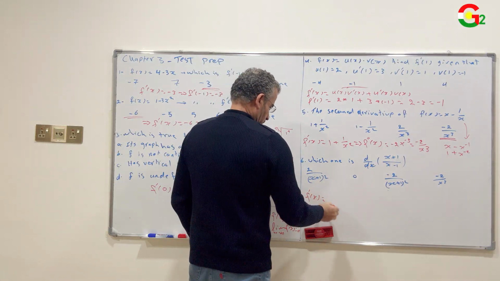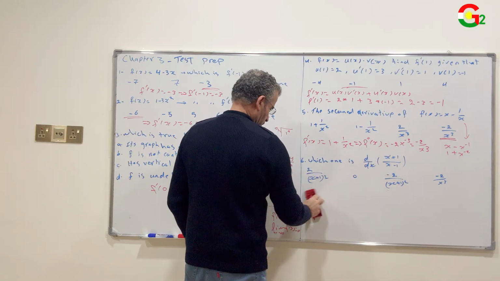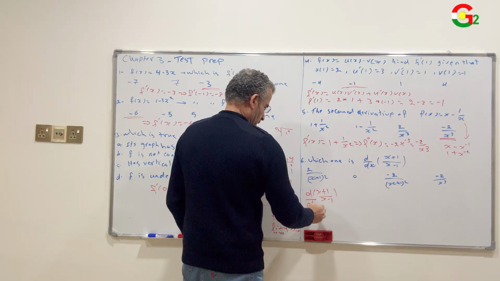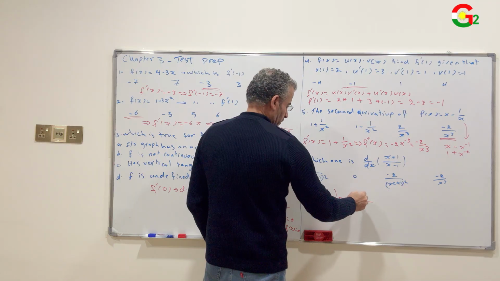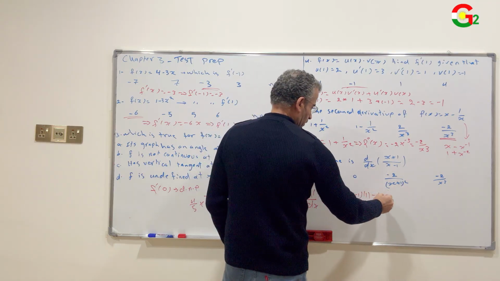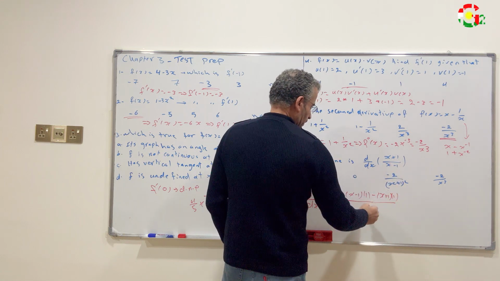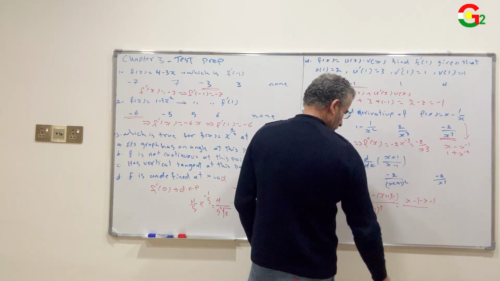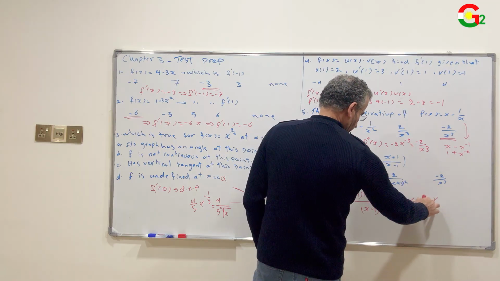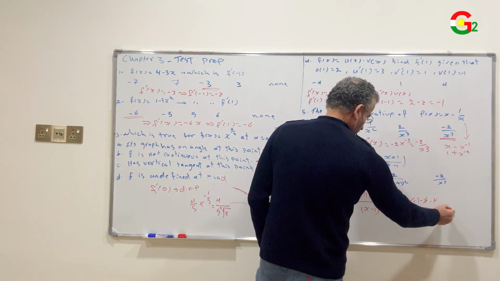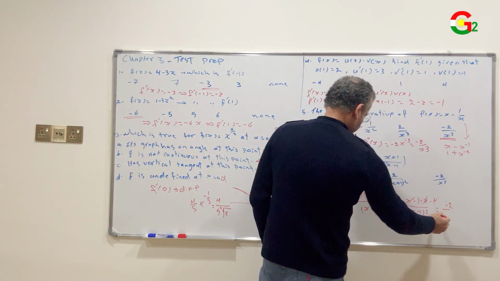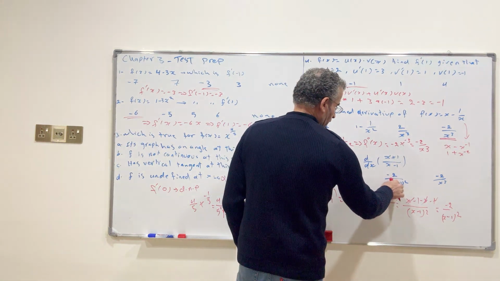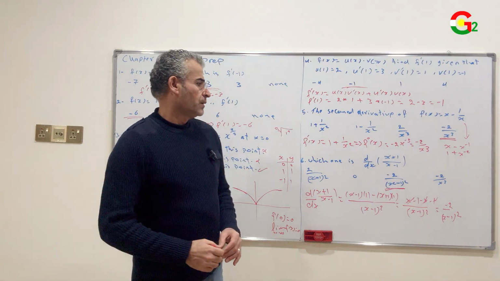F prime of x, or d over dx of x plus 1 over x minus 1, with respect to x, equals the denominator times the derivative of the numerator minus the numerator times the derivative of the denominator, over the denominator squared, equal to x minus 1 minus x minus 1, negative x with positive x, over x minus 1 squared, equal to negative 2 over x minus 1 squared. It is x minus 1 squared. Choice C.